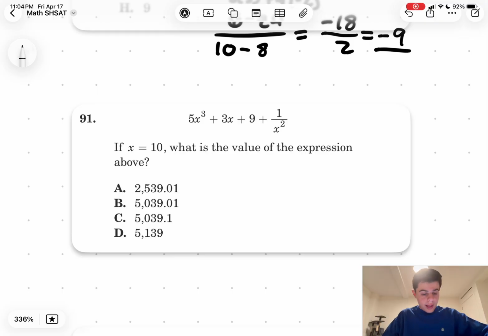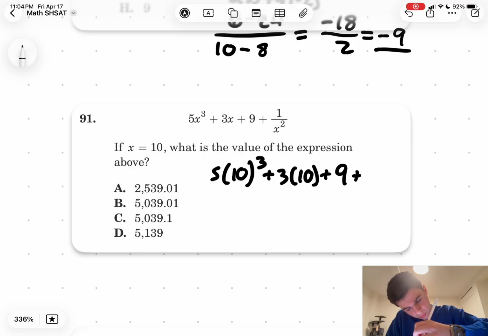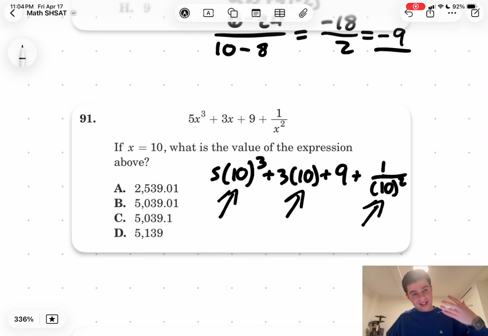Okay, so again, like we did last time, let's plug in 10 for x using parentheses. So 5 times 10 cubed plus 3 times 10 plus 9 plus 1 over 10 squared. Now, because they're all equal levels, there's only one parenthesis per one, so they're all at an equal level.